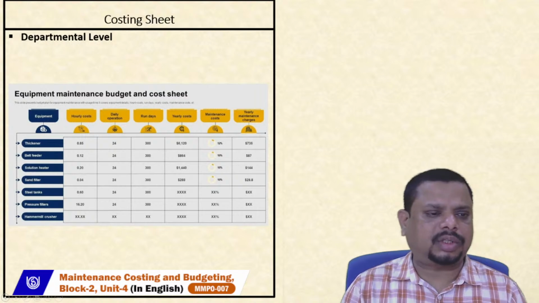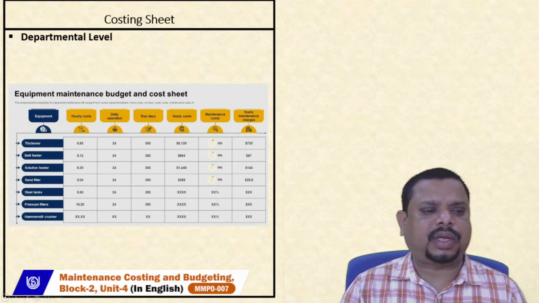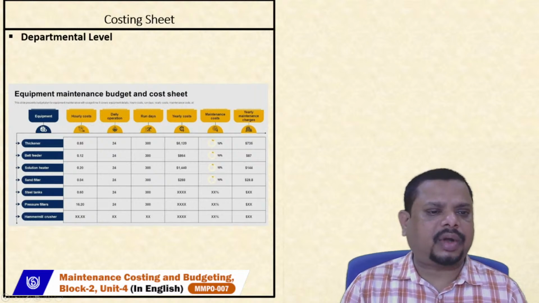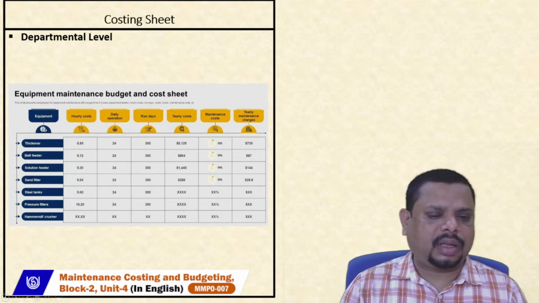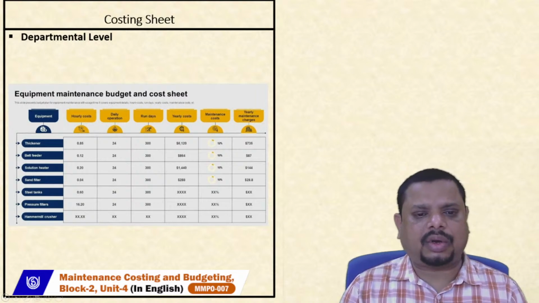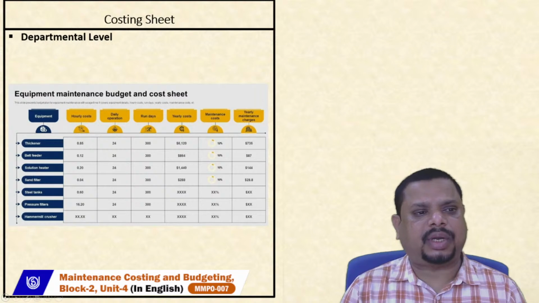Whenever you think about this department, a number of equipments should be there. We have thickeners, belt feeders, solution heaters, sand filters, then steel tanks, pressure filters, then hammer mills, crushers, and their hourly cost, daily operations, run days, yearly cost, maintenance cost, and yearly maintenance charges should be given, so that the clear visibility of your costing and budgeting, especially with reference to maintenance cost, is visible from the department levels.